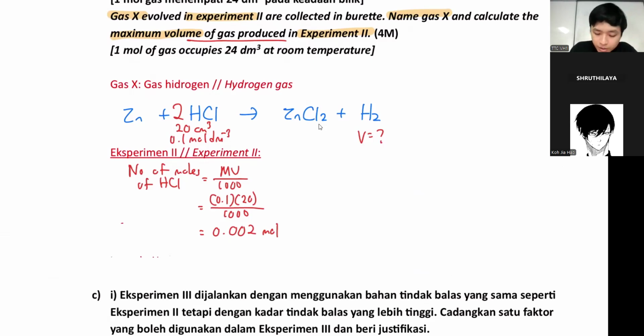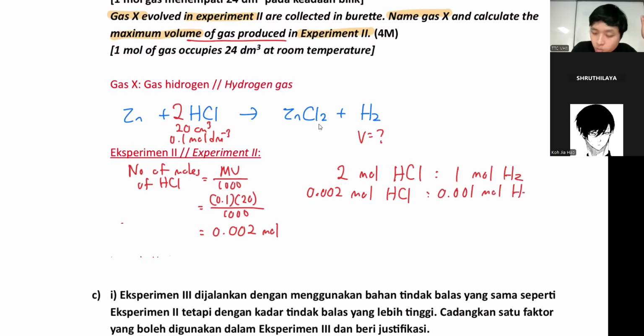So ratio is 2 mole of HCl to 1 mole of H2. If you got 0.002 mole of HCl, then divided by 2 you get 0.001 mole of H2.